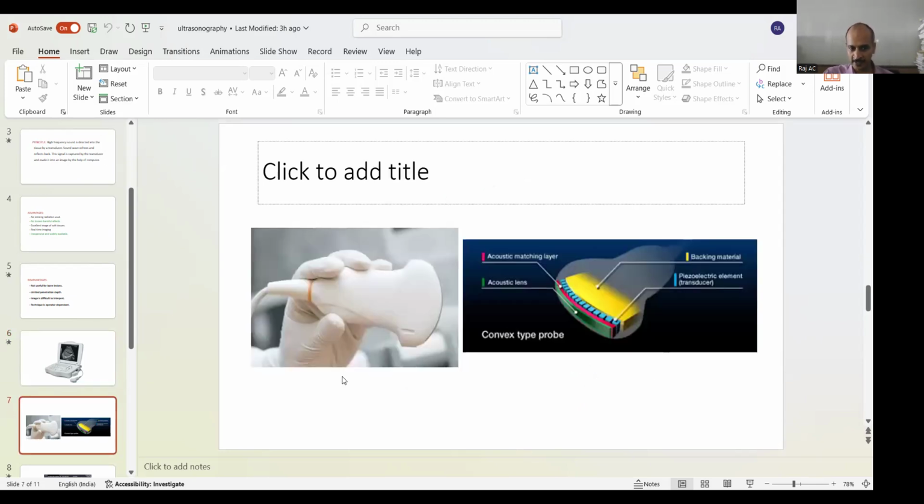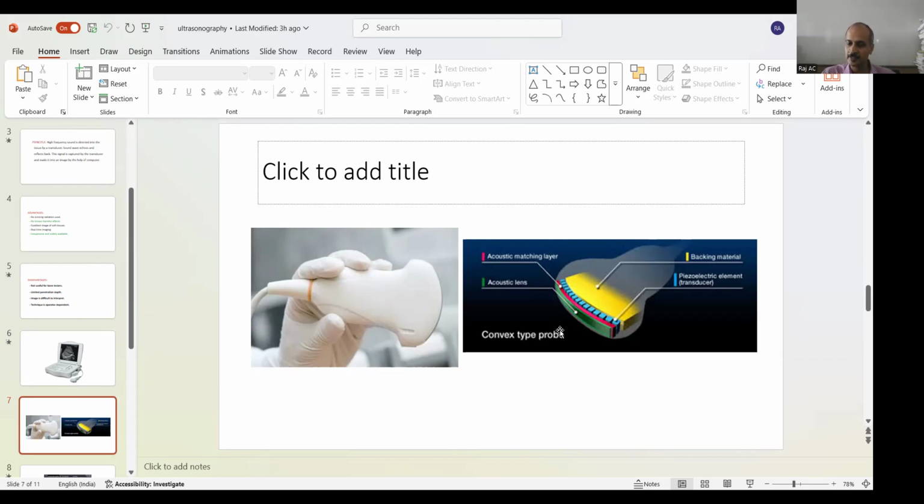Here, a close section of the transducer. Transducers may be semicircular or round shape or a flat one. Whatever it is, it is kept very close to the skin surface. And the electricity which is coming here is converted into sound waves. Such materials are called piezoelectric materials.